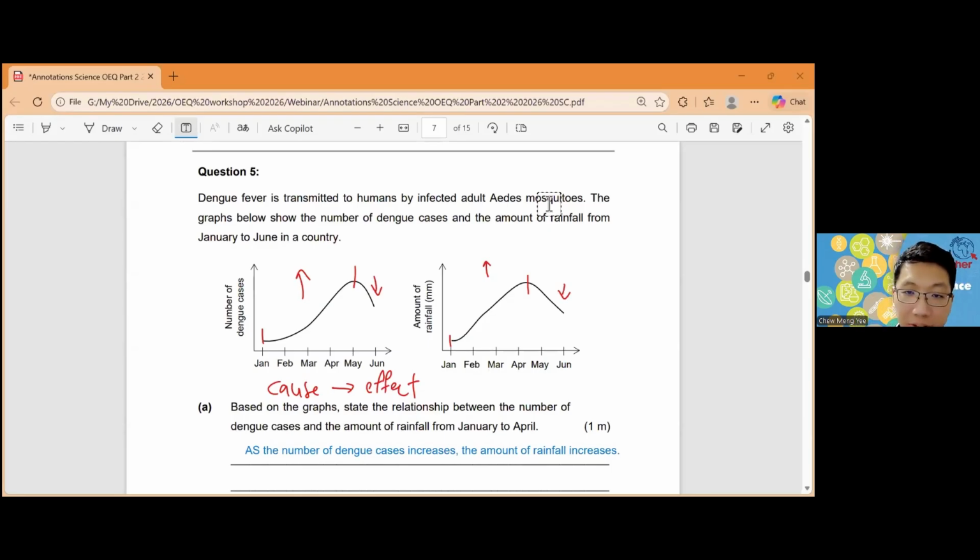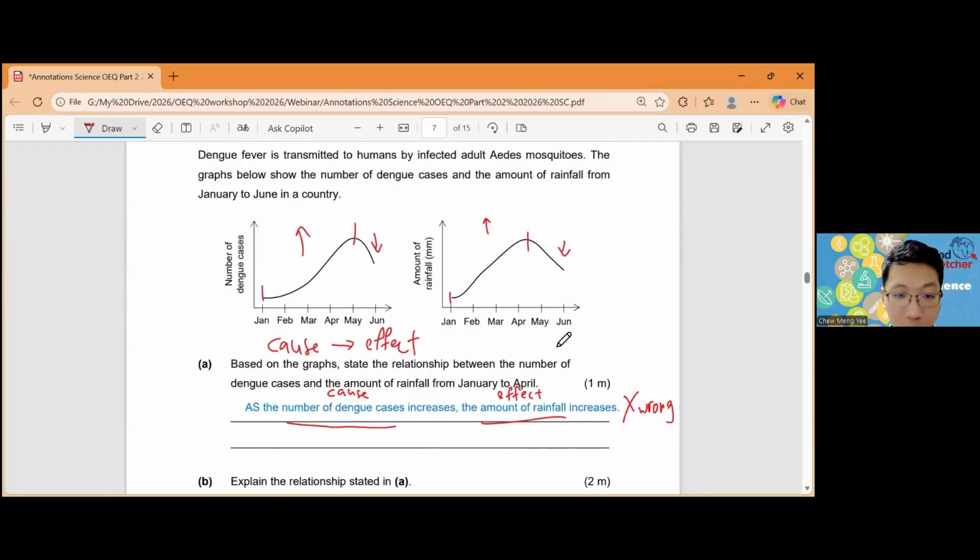I cannot write this because it doesn't make sense. If I write this, the first part, the number of dengue cases, is the cause, and this is the effect. That doesn't make sense. Please do not copy this down. This is a wrong answer. You can copy this down and write that it's the wrong answer. Do not just copy it and think that it's correct.